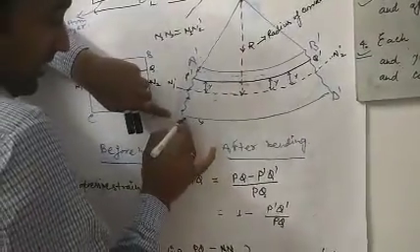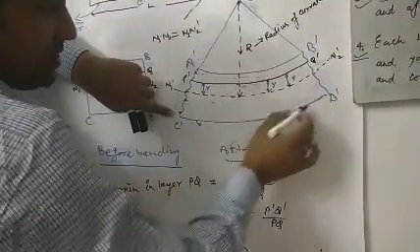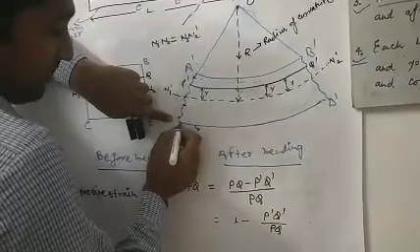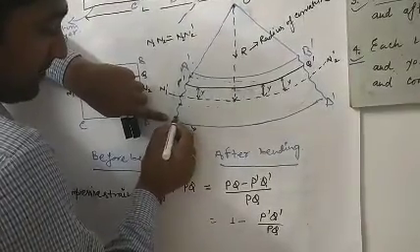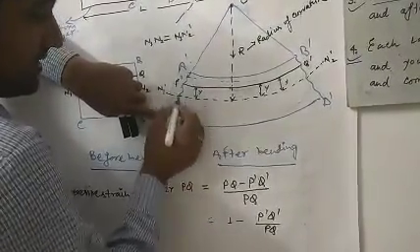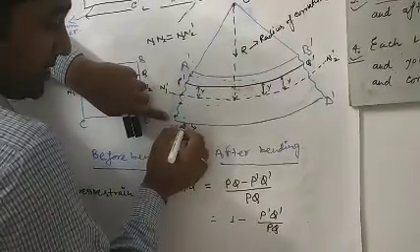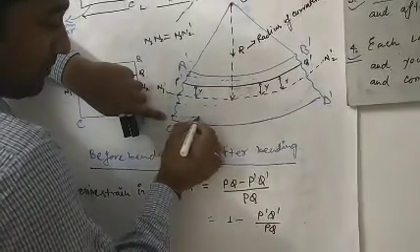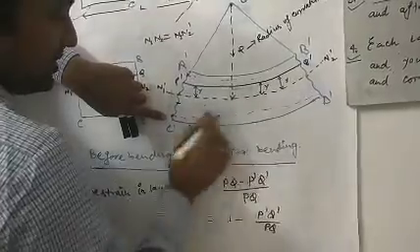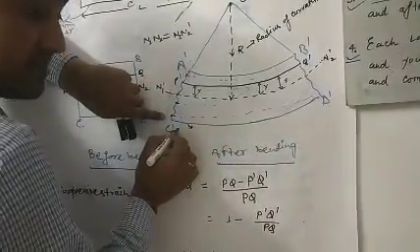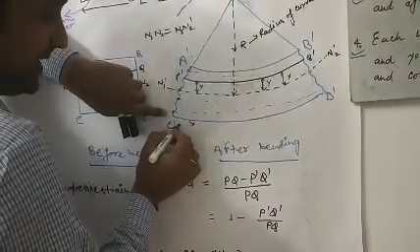Similarly, here expansion is maximum at C dash, D dash, and if there is a layer above this, then the expansion for this layer will be quite smaller in comparison to C dash, D dash.